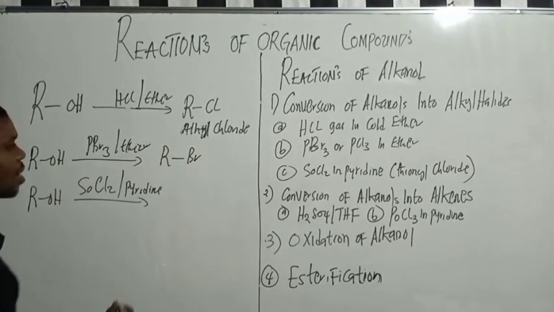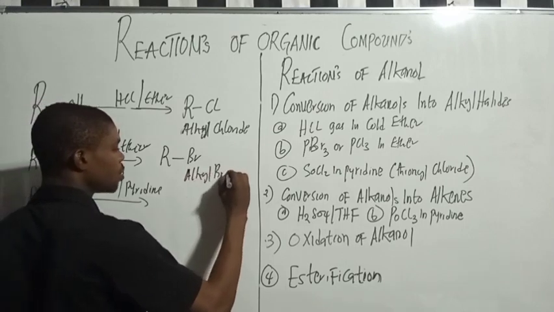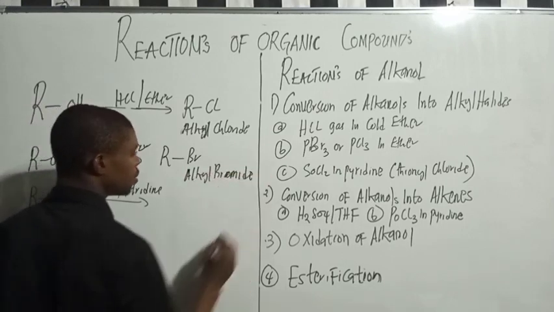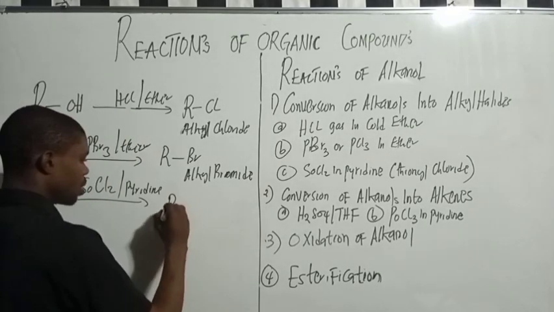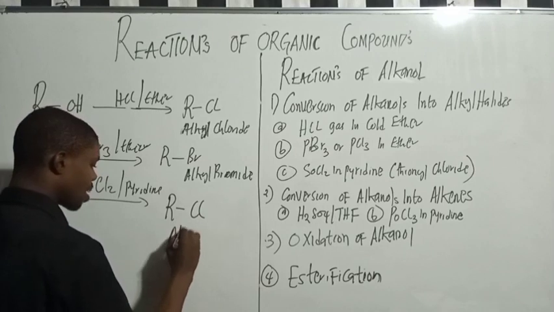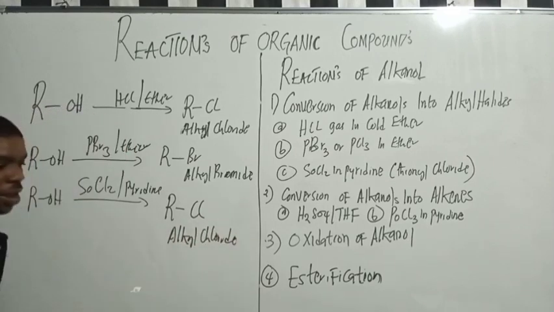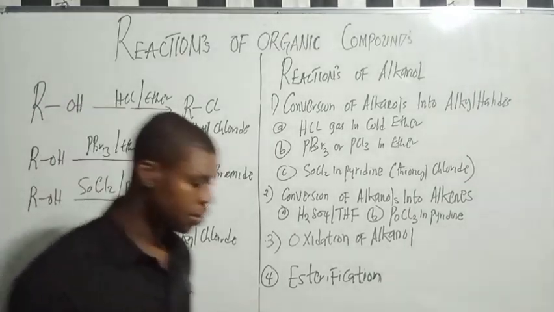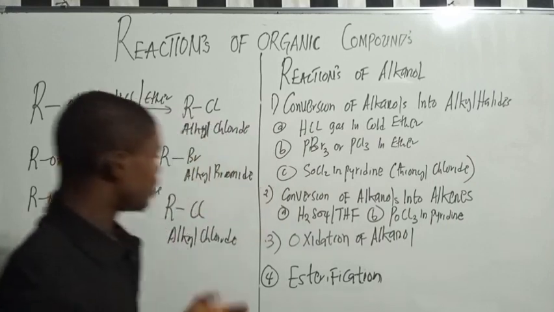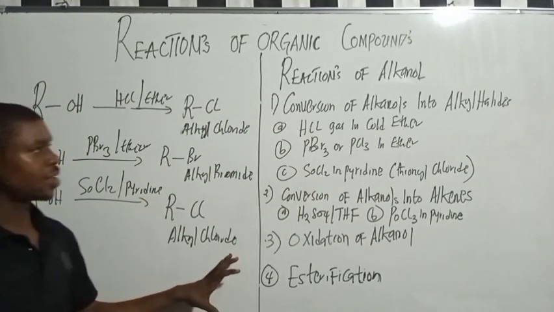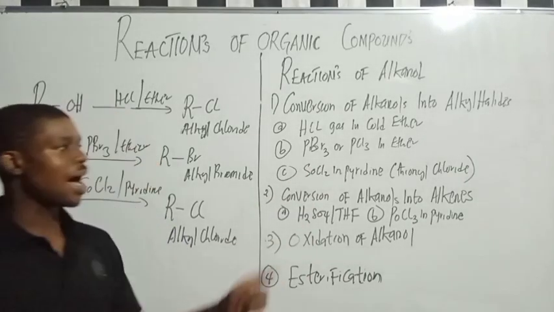Alkyl bromide. Then this one here, Cl will replace the OH, giving alkyl chloride. You see that? Now, these are the main products. Do you get it? So this is how you can convert alkanol to alkyl halide.